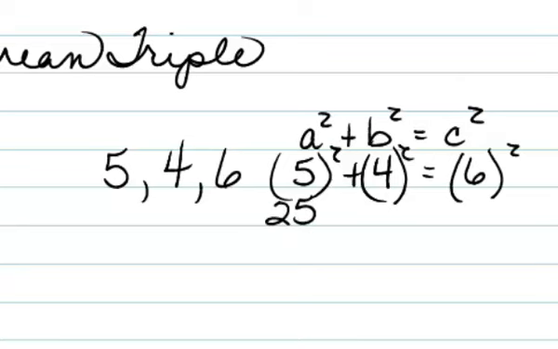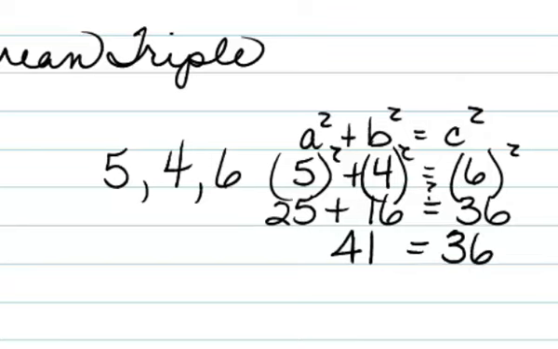We have 25 plus 16, and is that equal to 36? Well, that is 41. Since 41 is not equal to 36, this 5, 4, and 6 are not a Pythagorean triple.